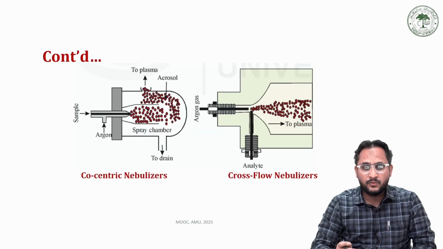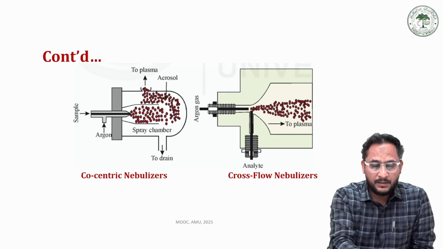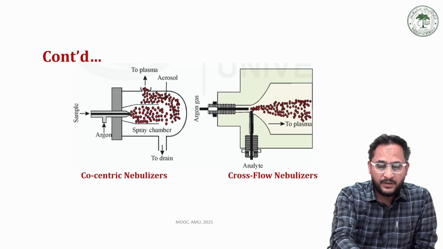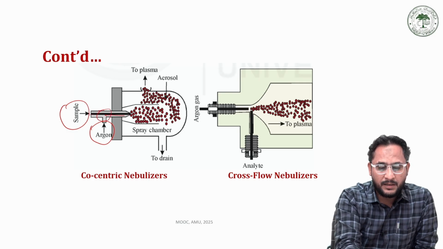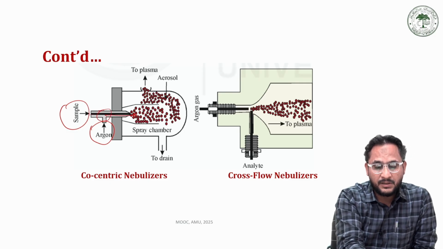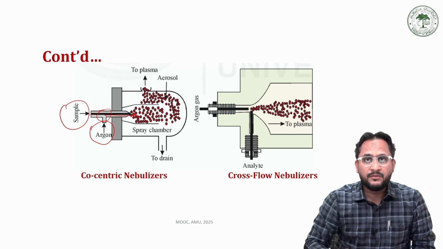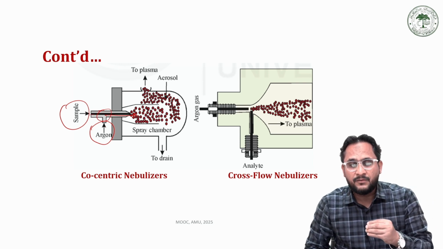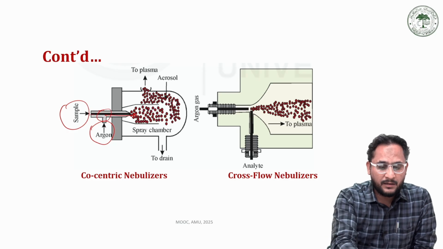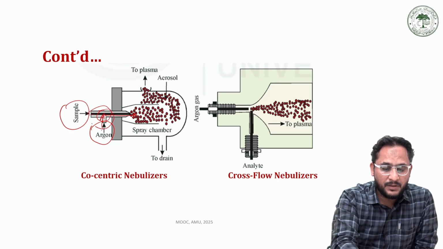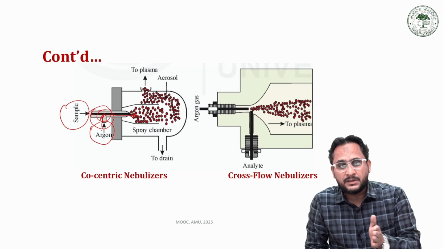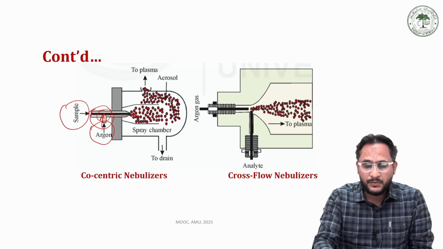The difference between concentric and cross flow is that in this particular case we have the sample as well as argon gas. They enter into this particular pipe at very high pressure, and they are injected into this spray chamber at very high pressure, so that they are converted into aerosol. Here they directly enter into this pipe, they meet here and start forming the aerosol.